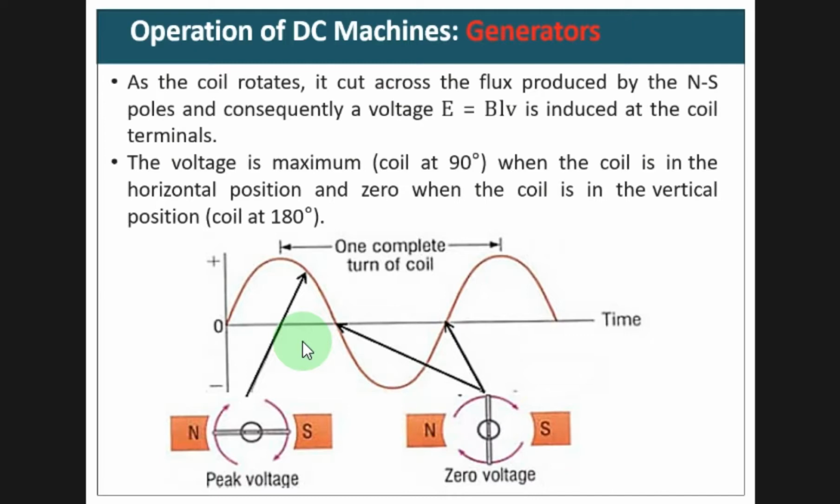And then you will find that at this location, when the coil is at this position, it cuts the maximum amount of flux lines, because the conductor here is perpendicular to the magnetic flux. Actually the magnetic field is in horizontal direction, and this conductor is going into the screen, right?